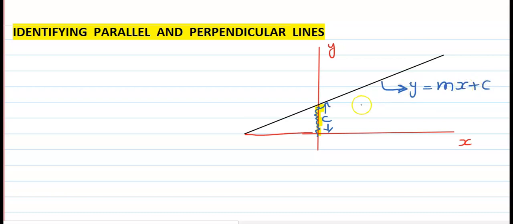In today's lesson, where m is the gradient, we are learning what the condition of parallel lines is and what the condition of perpendicular lines is. If lines are parallel, then their gradients will be equal: m1 equal to m2.